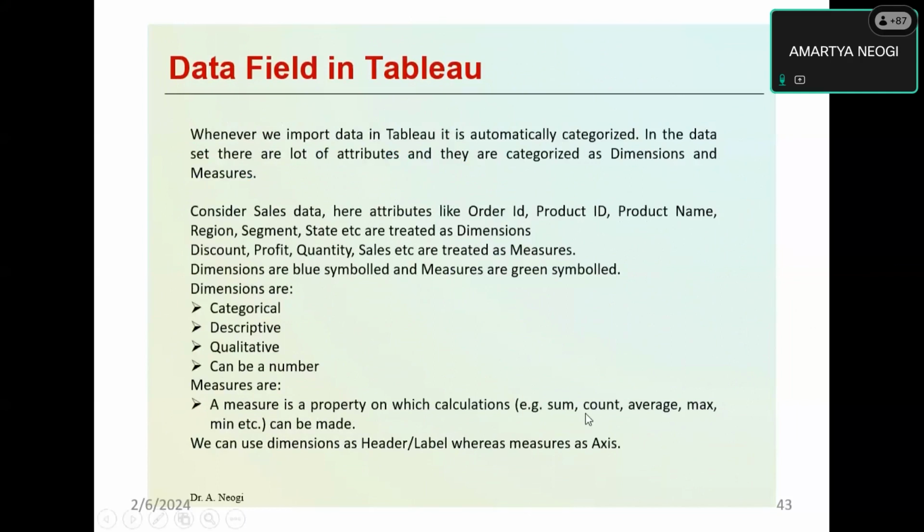Measures can be the sum of the sales in a particular week, the count of the sales above a particular threshold, average, maximum, minimum. So these are the calculations that are required, which will come to the measure field.